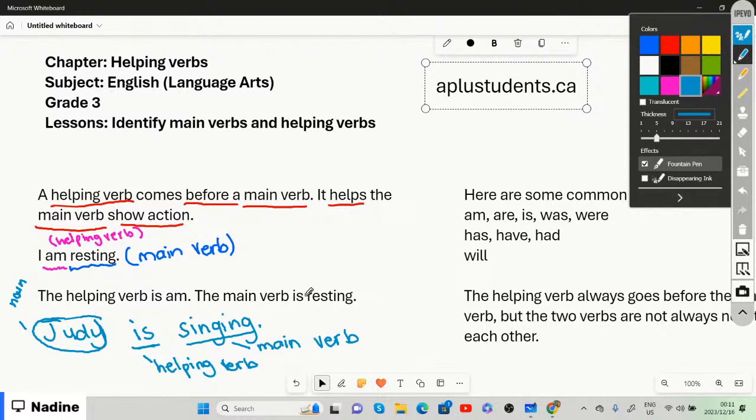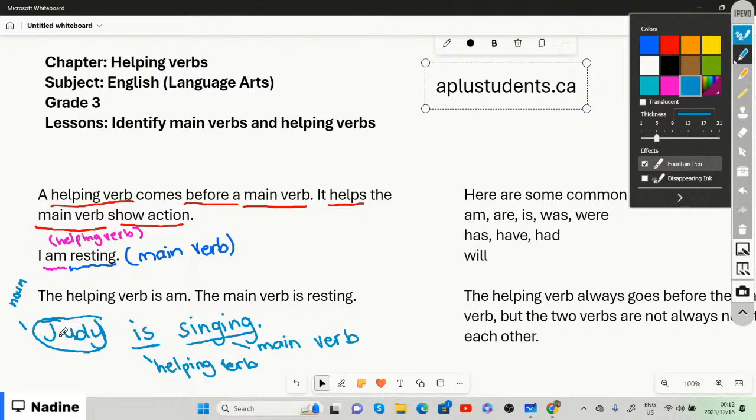That is our sentence. Judy is our noun, our subject. But the verb, the action that she is doing, is basically singing. So singing is the main verb. That is the main action that she's doing. And the helping verb is, for example, is.